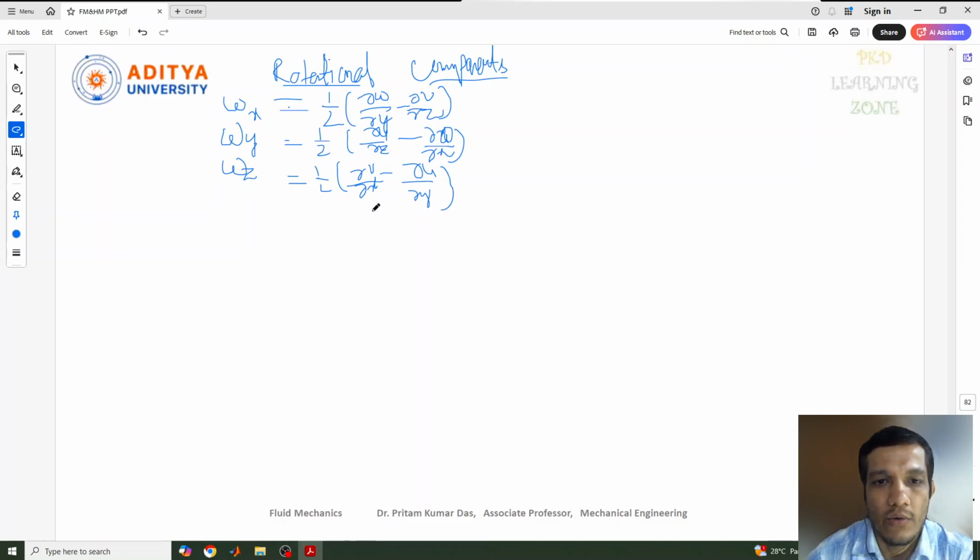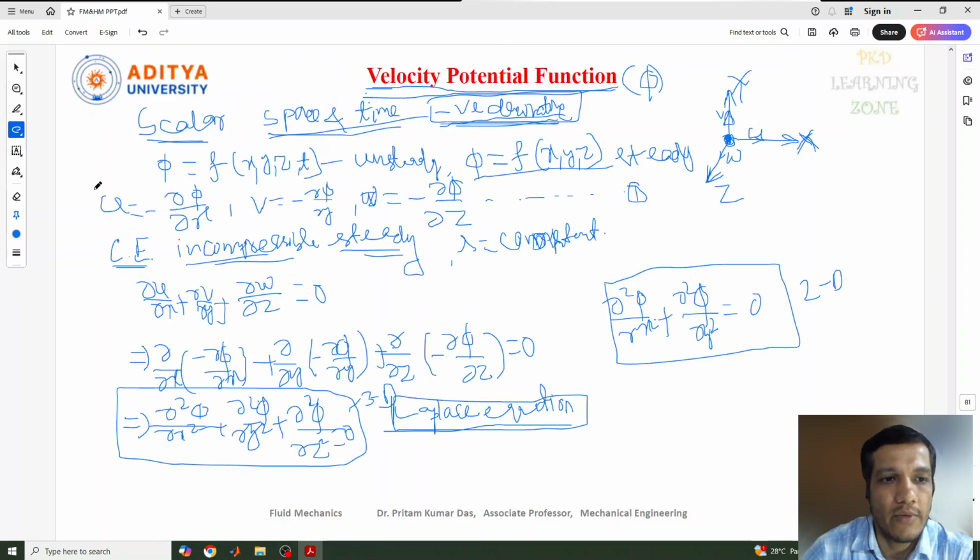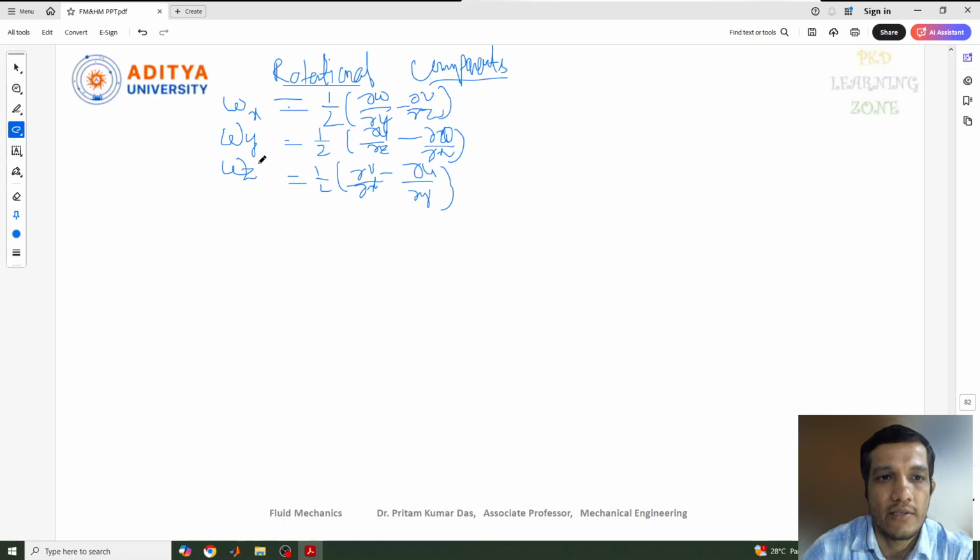Okay, so these are the three different rotational components. Now if you put the values of u, v, w that we got previously from equation 1 into these rotational component equations, then what are we going to get here? Let's put the values of u, v, w in this equation.